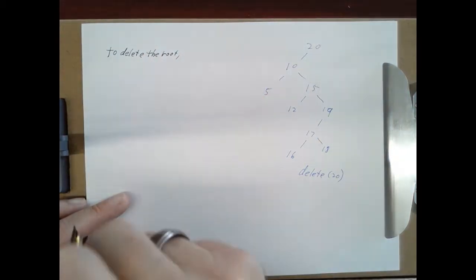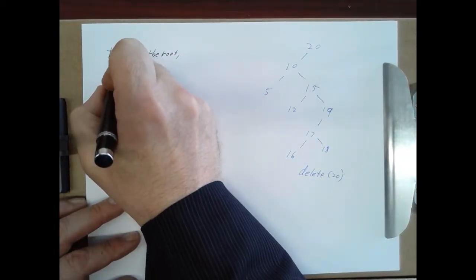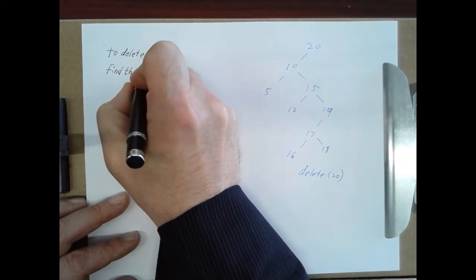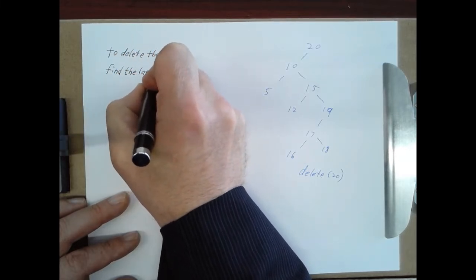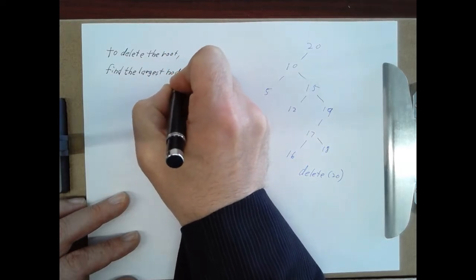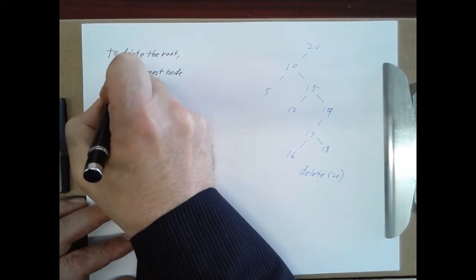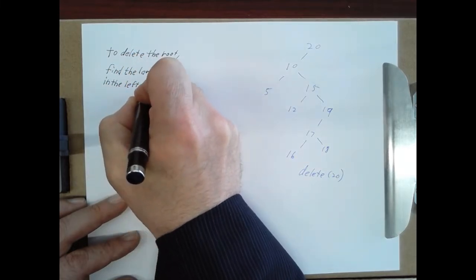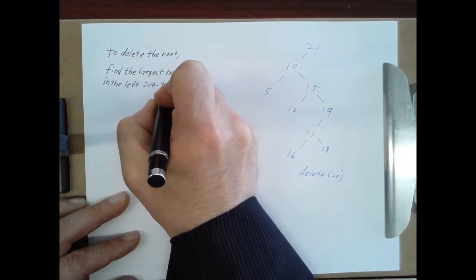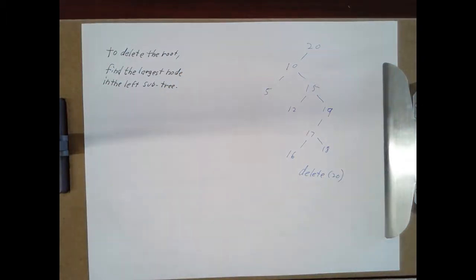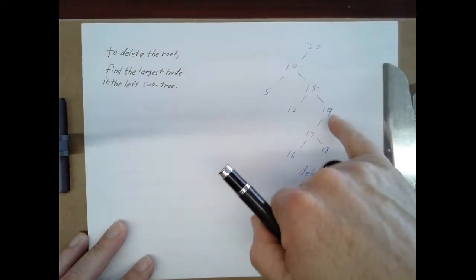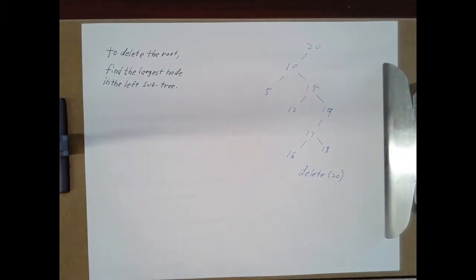Find the largest node in the left subtree. And that's what your ODP is going to do. I'm going to give you the root of a binary tree, and ask you to find the largest node in the left subtree and just return that integer value. So in this case, the largest node would be 19, right?